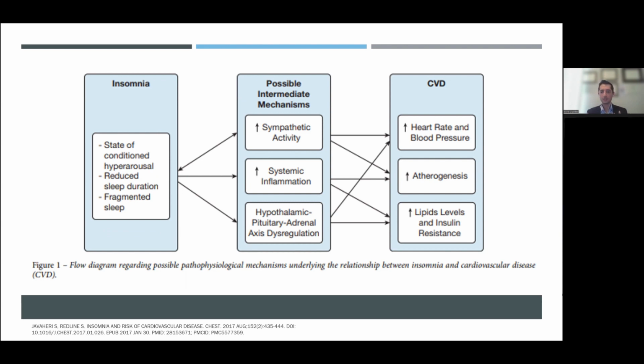There's also a correlation, not just with psychological issues and insomnia, but physiological issues and insomnia, because this is proposed, let's say, because of this increased state of hyperarousal and reduced sleep duration. The literature is showing over the past 10 to 15 years that those patients also have increased rates of atherogenesis, increased pro-inflammatory states in their body, which is strongly correlated with coronary artery disease and atherogenesis.